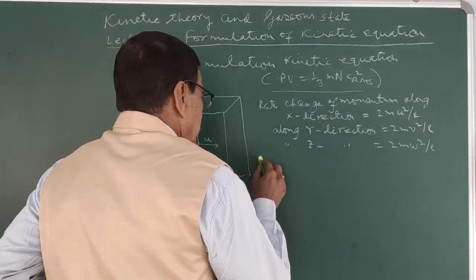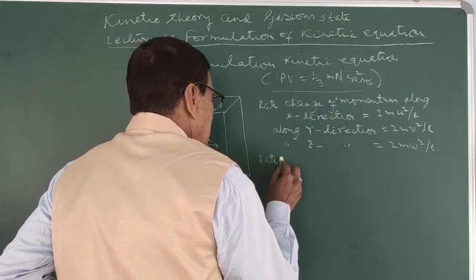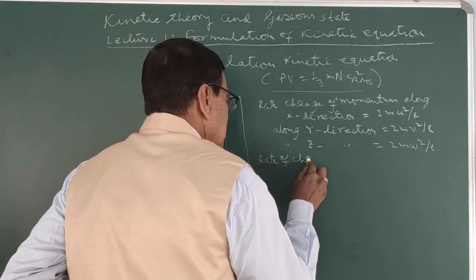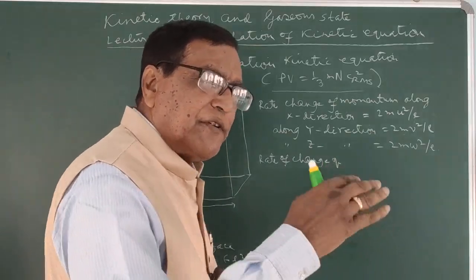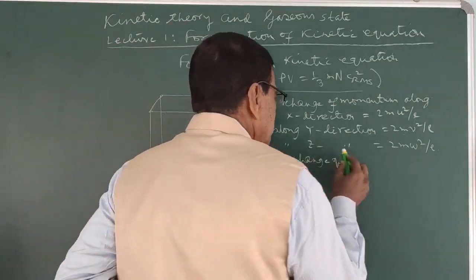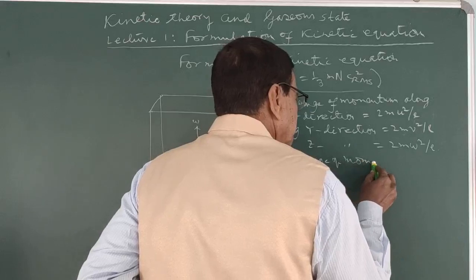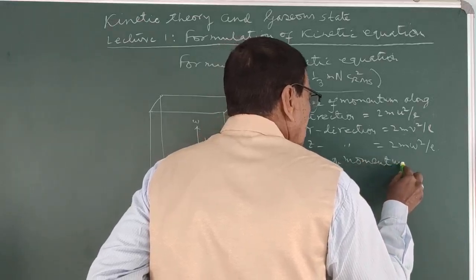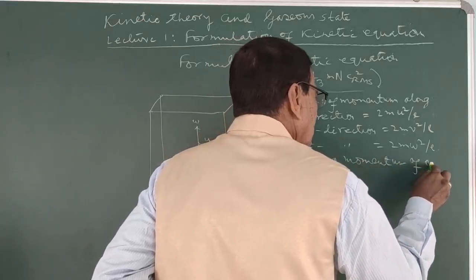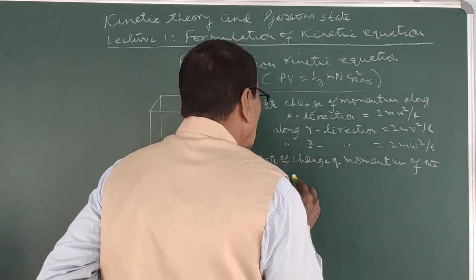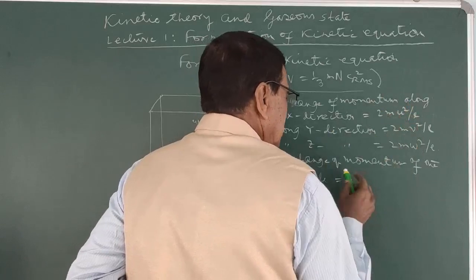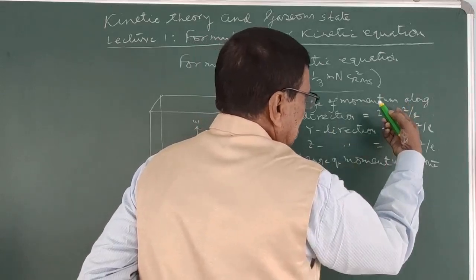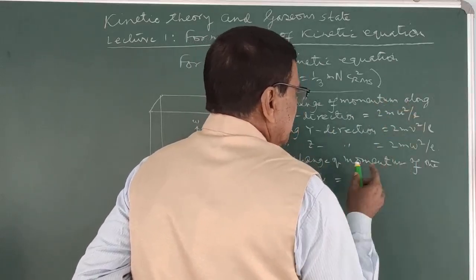The rate of change of momentum means change of momentum per unit time. The rate of change of momentum of the molecule is equal to the sum of these three.